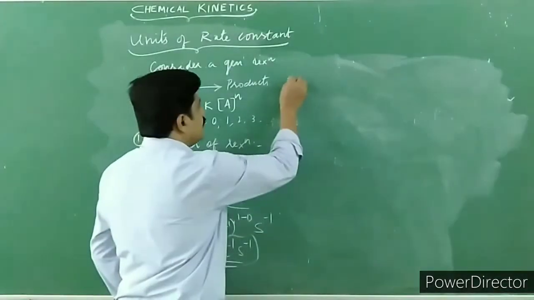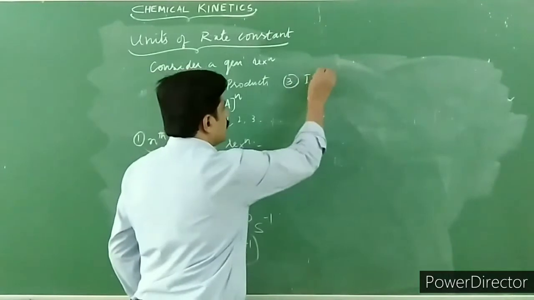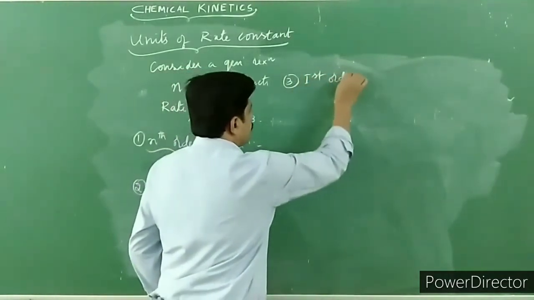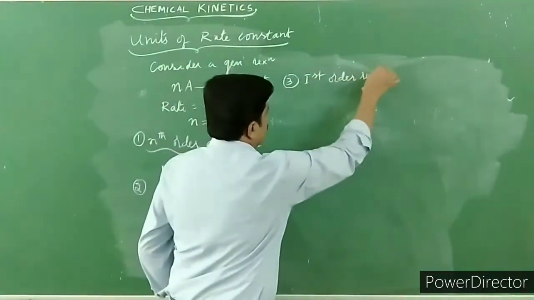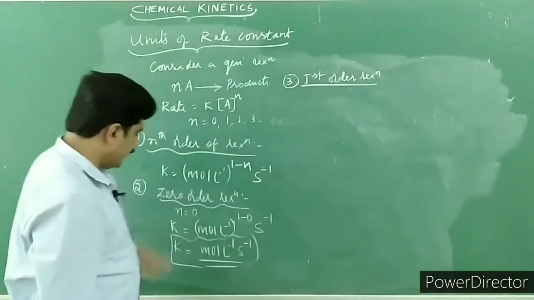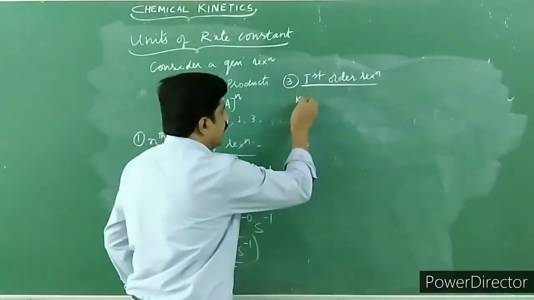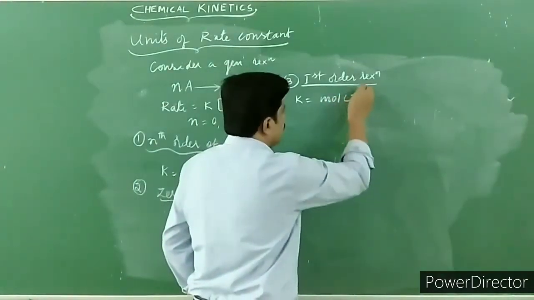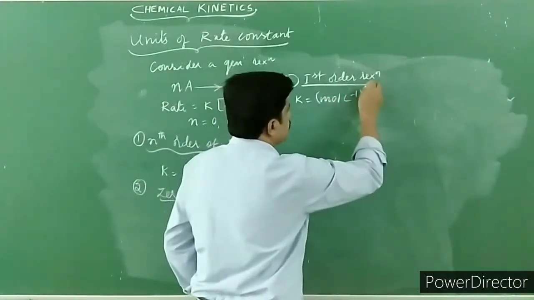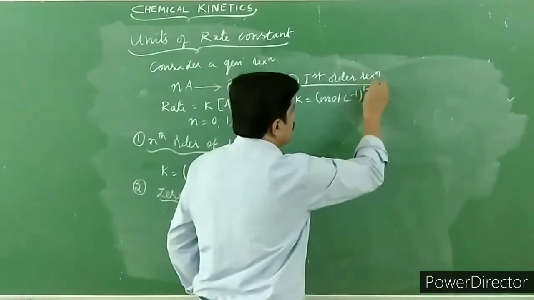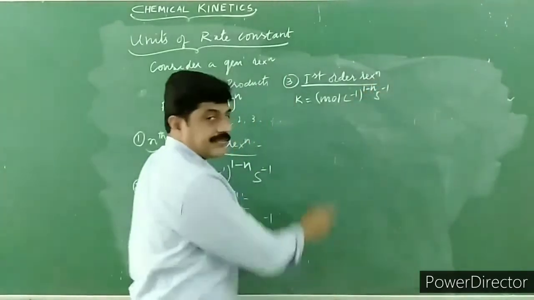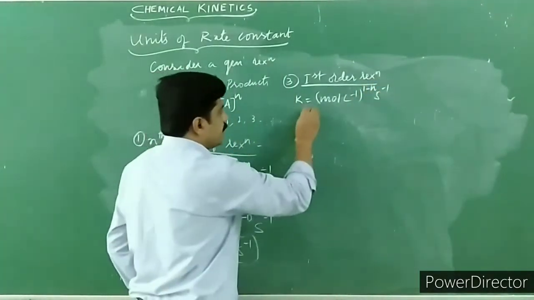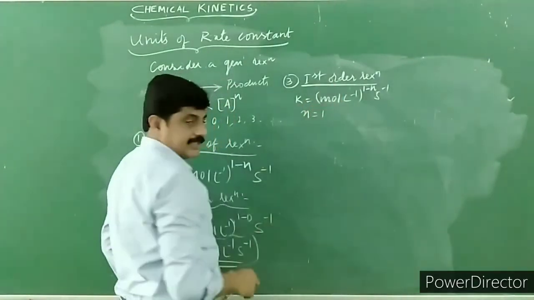Let me go for the third one, first order reaction. Now, you know the expression, what is that? K is equal to mole per liter raised to 1 minus n per second. This is for the nth order. Now n is equal to 1 for first order reaction, is it not?